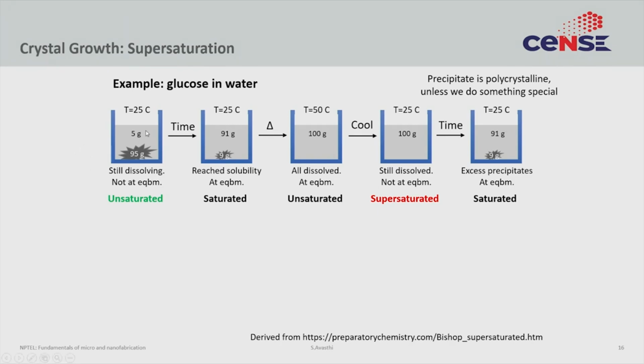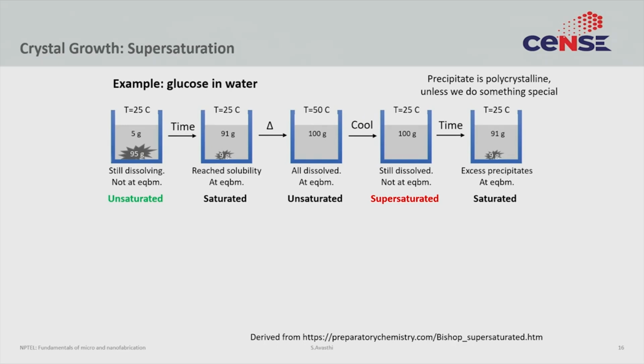Supposing you take a water solution at 25 degrees C and you put say 100 grams of glucose in it. Initially, not all of the glucose will dissolve because the system is not under equilibrium. You can imagine that it is slowly dissolving, but it is not completely dissolved yet. At any given point in time, say if you have 5 grams of glucose dissolved, you can call this an unsaturated solution.